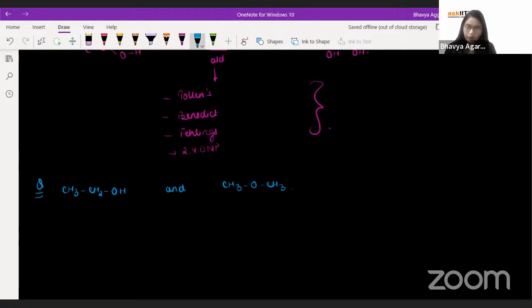Sodium metal. All right, very good, Priyanshu. I can use sodium metal. So with sodium metal, ethanol will produce hydrogen gas, whereas there is no such reaction with ether.